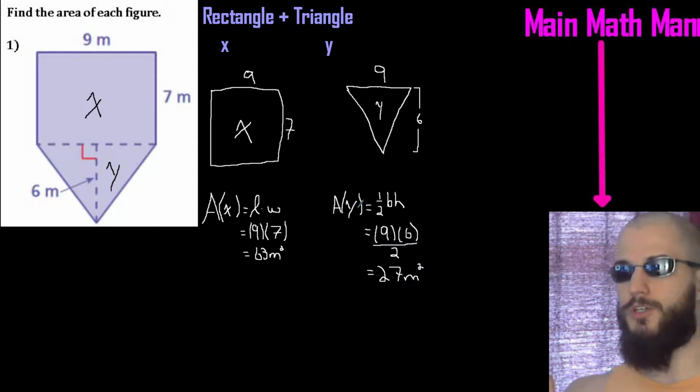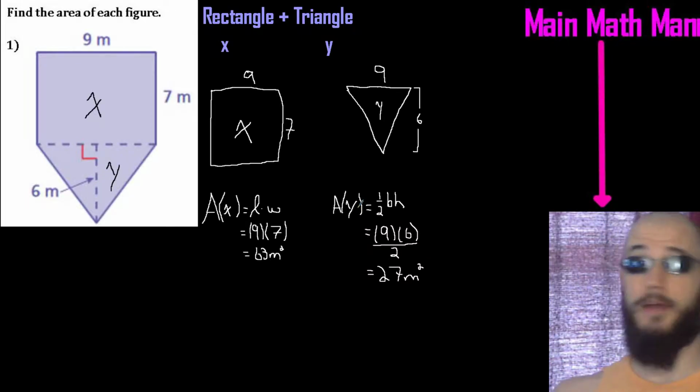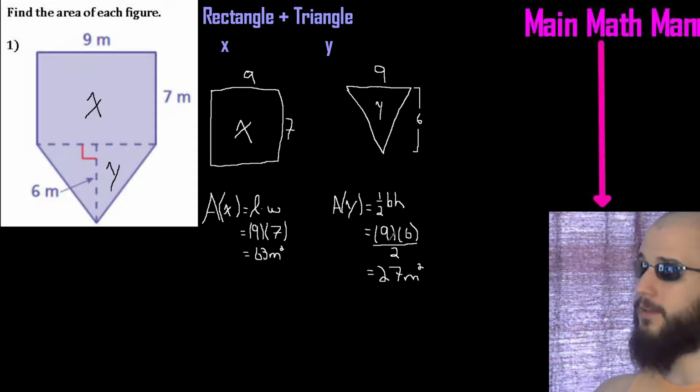You don't need to change it to a decimal, just divide by 2 at the very end. If you multiply and plug in those values, you have 9 times 6, that's 54, divided by 2 is 27. Try to get used to dividing by 2 at the very end.